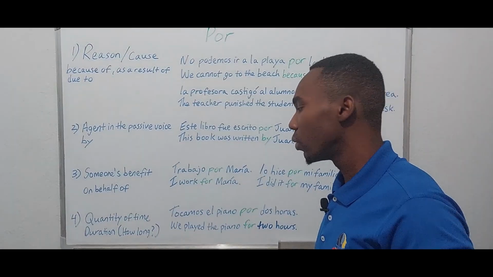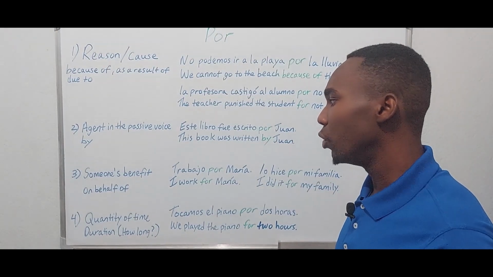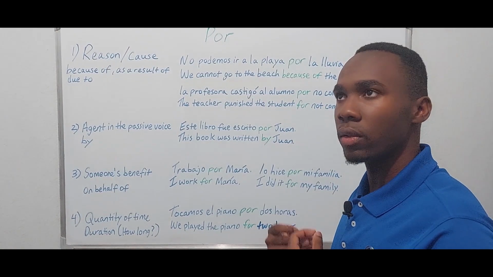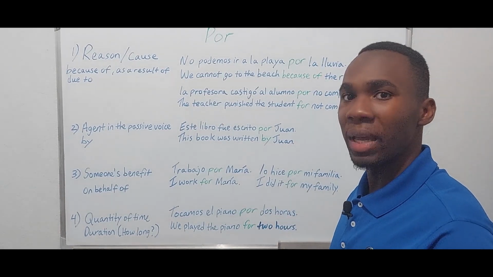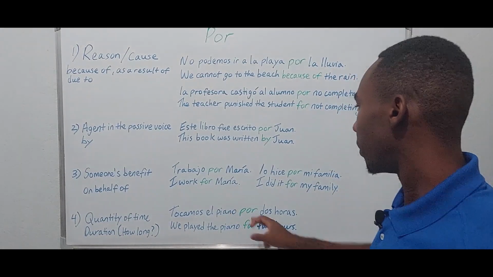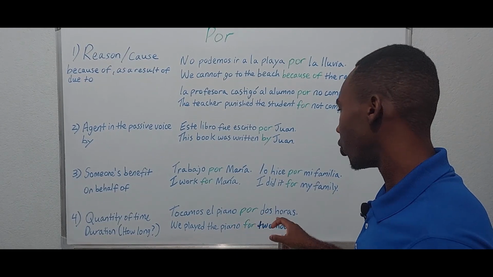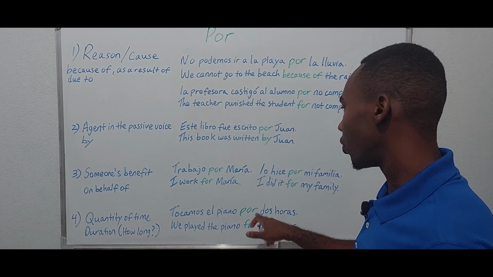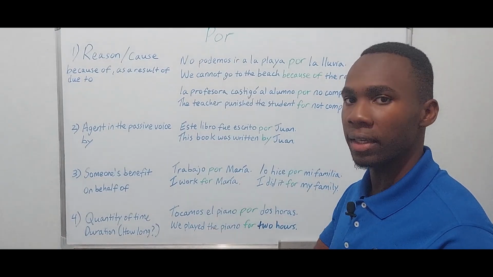And 4, quantity of time. So we use por anytime we want to convey the amount of time that was spent doing an activity. Okay? Tocamos el piano por 2 horas. We played the piano for 2 hours. So whatever is going to follow por in this case is going to give you the amount of time.